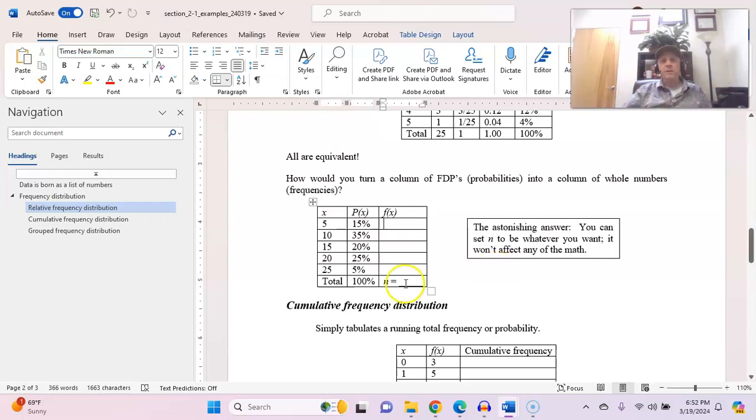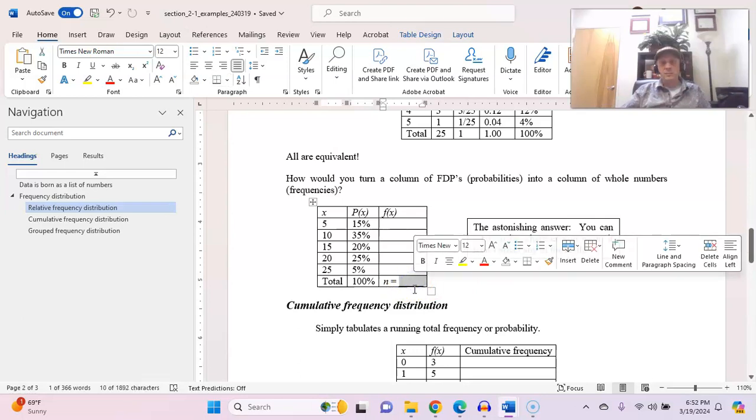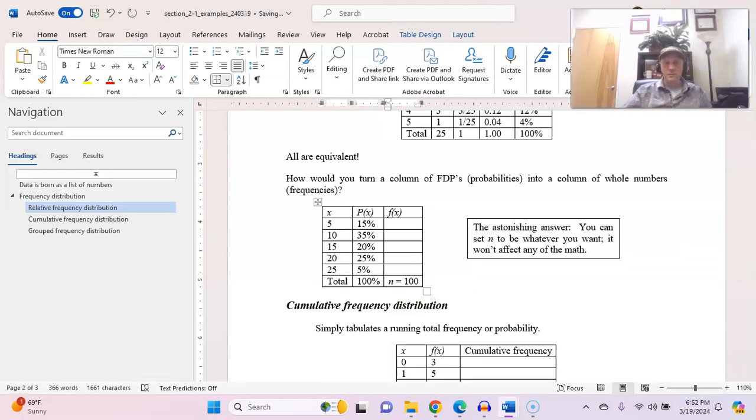Amazing, huh? So I'm going to pick the easiest example, and I'm going to say, let's suppose that this list represents 100 numbers. So if there were 100 numbers in this list, that means that 15% of the list would just be 15 numbers. So I'm basically copying and pasting all these percents, and pretending that they each represent an actual number of entries in the list.